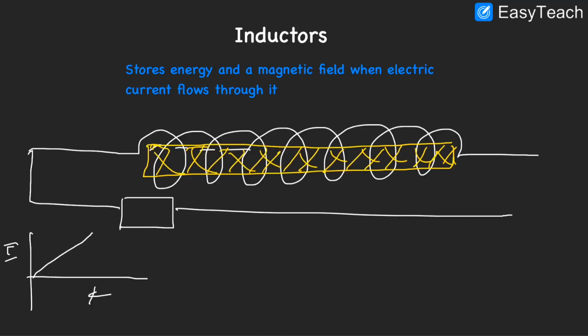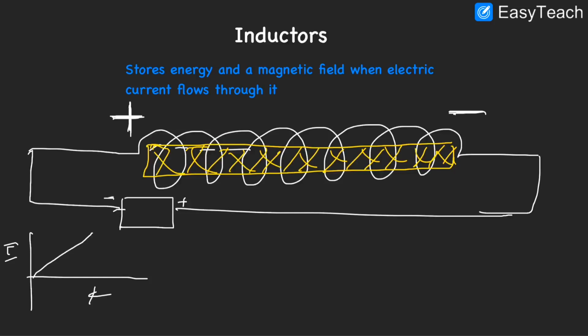If the current keeps increasing, this inductor is going to have a magnetic field, and this magnetic field is going to oppose the flow of current by developing a voltage. If this is the negative supply and this is the positive supply of the voltage source, and the current keeps increasing, the induced voltage is also going to increase, and this is going to oppose the change in current.